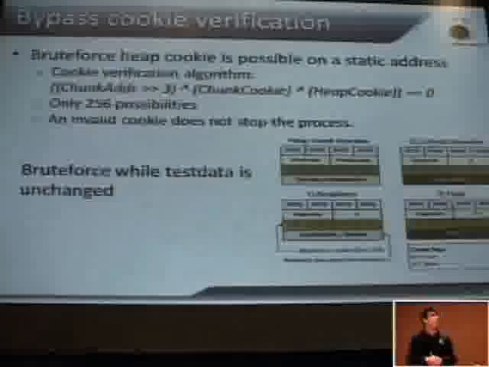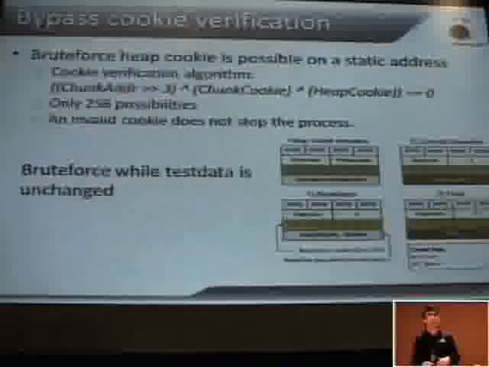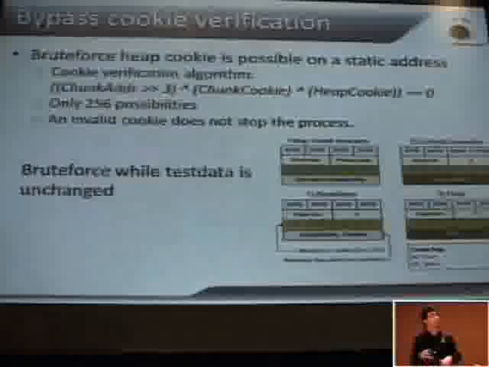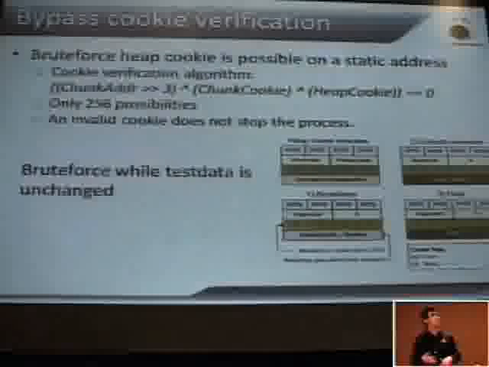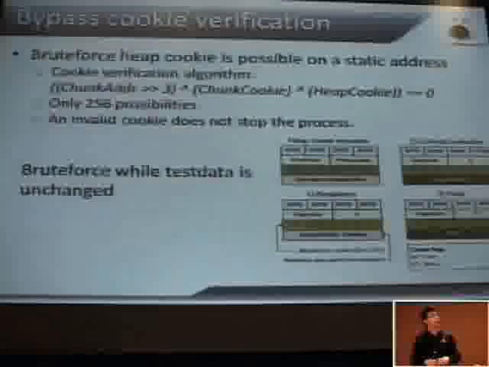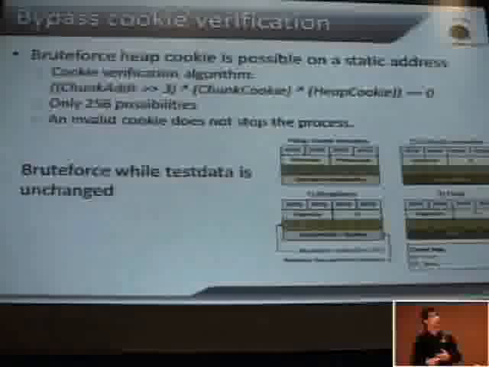So the worst part is getting a valid cookie. Getting a valid cookie is basically breaking the cookie algorithm that's based on the address, a chain cookie in the heap header, and the heap cookie generated in the heap system structure, the heap process structure.